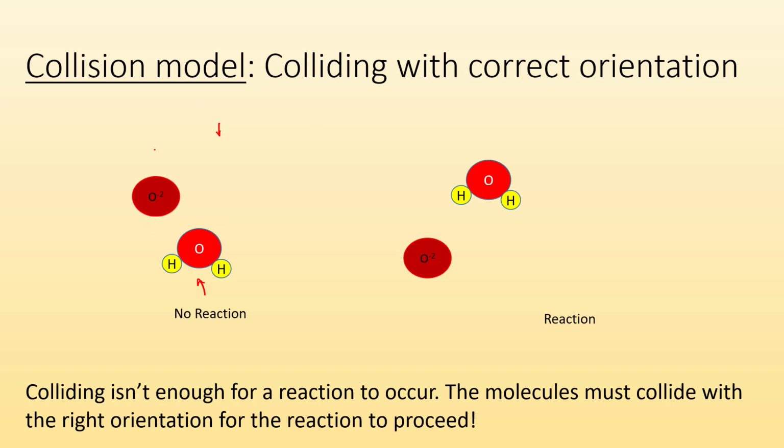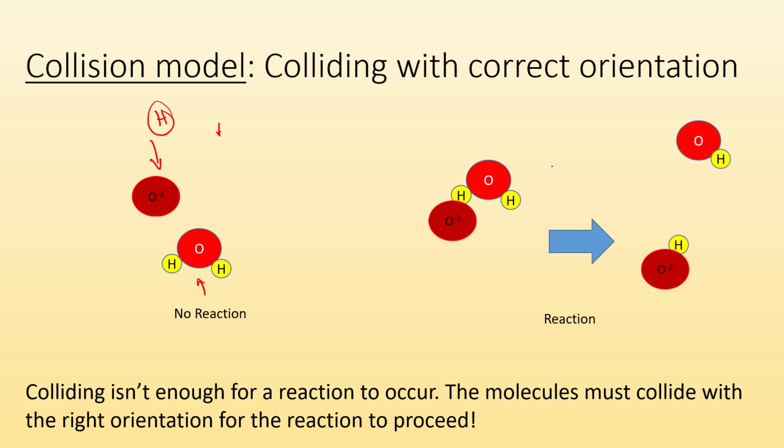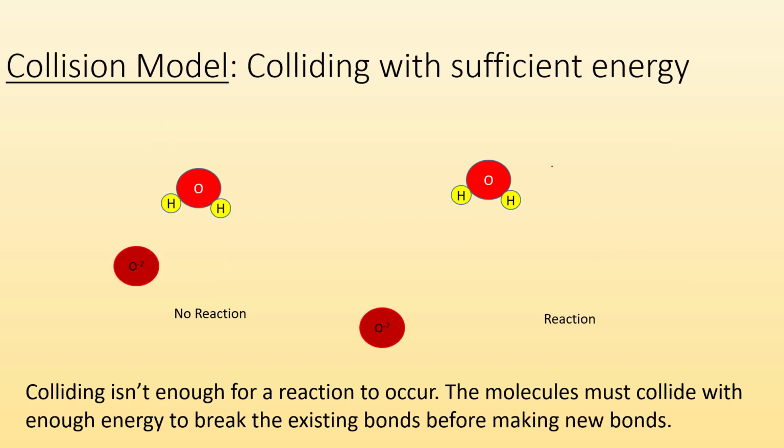What this oxide ion is looking to do is steal a hydrogen from that molecule. So if it bumps into the part of the molecule where there is no hydrogen, nothing's going to happen. Whereas if it comes in at an angle where it does collide with the hydrogen, hey, now we can have a reaction, and that oxide ion is going to steal a hydrogen from that water molecule. So you have to collide in the right orientation.